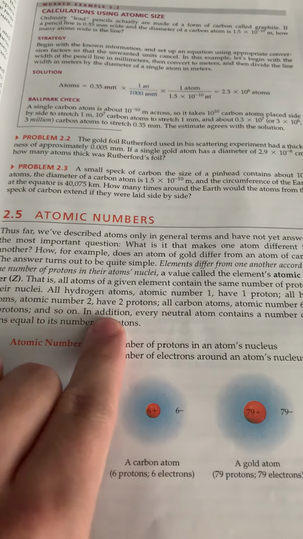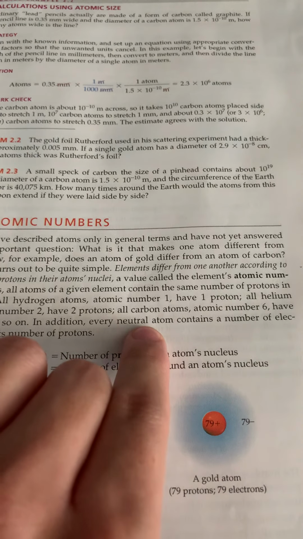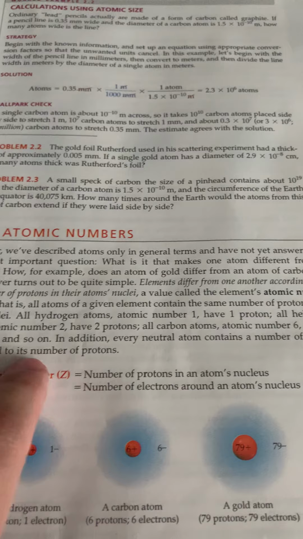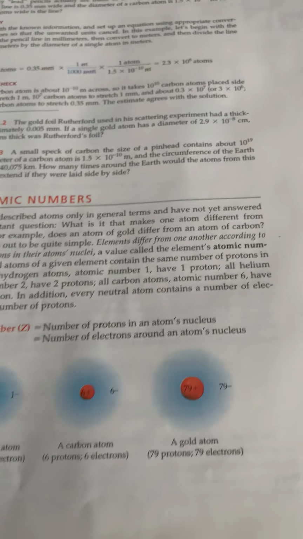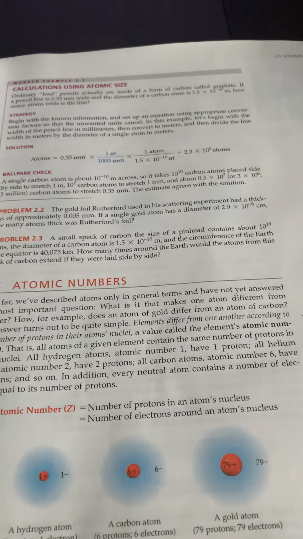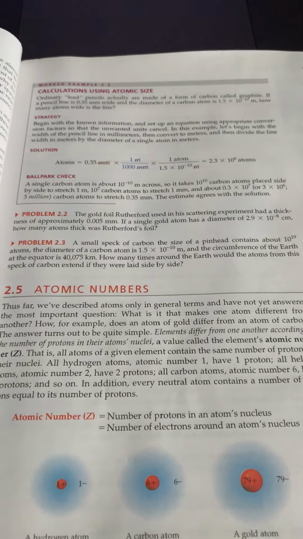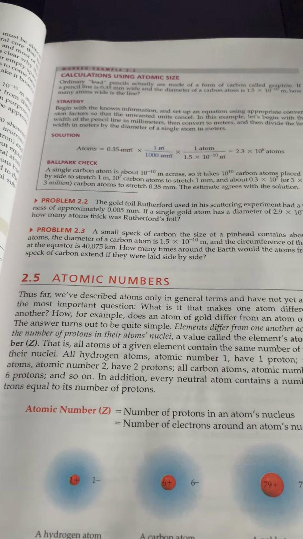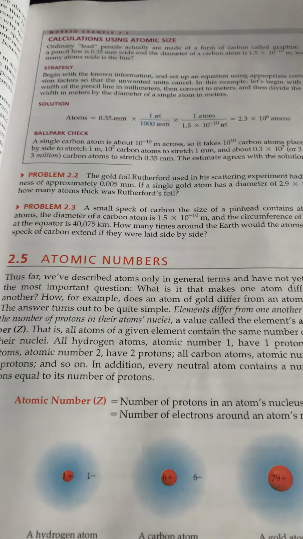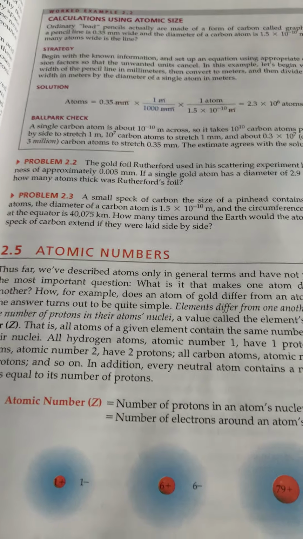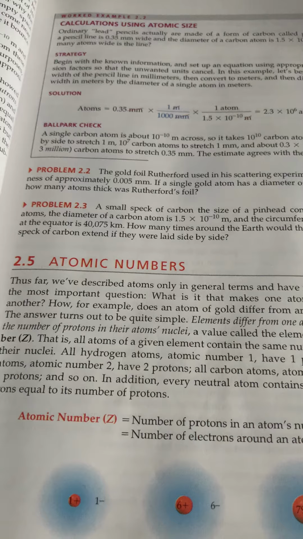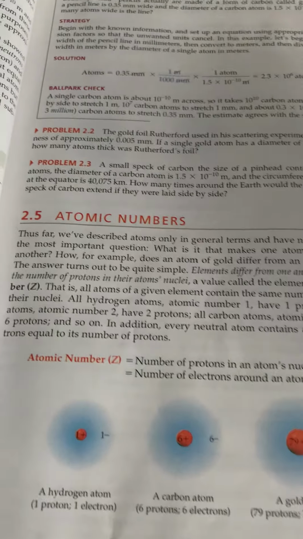In addition, every neutral atom contains a number of electrons equal to its number of protons. Okay. So we know that if an atom is neutral, it will have the same number of protons and electrons because a neutral atom means the charge is balanced. Okay, and we see that the diagram below illustrates this principle.